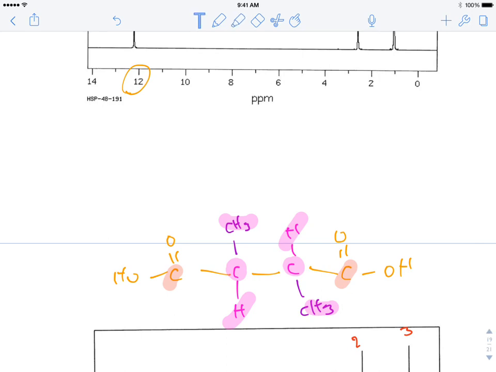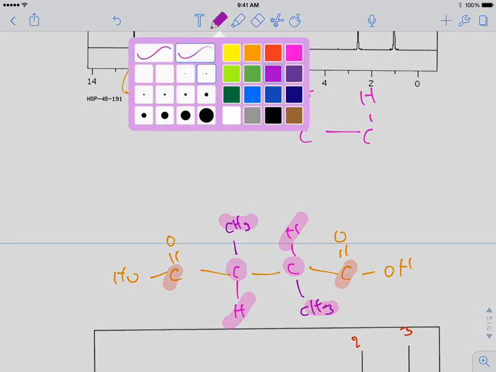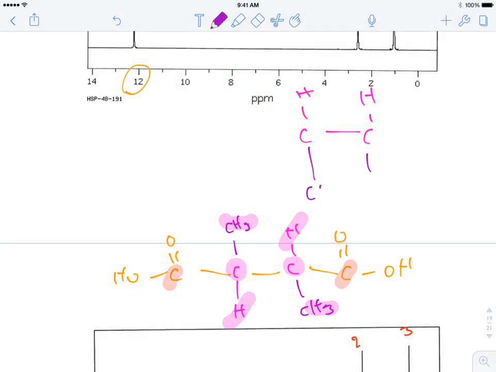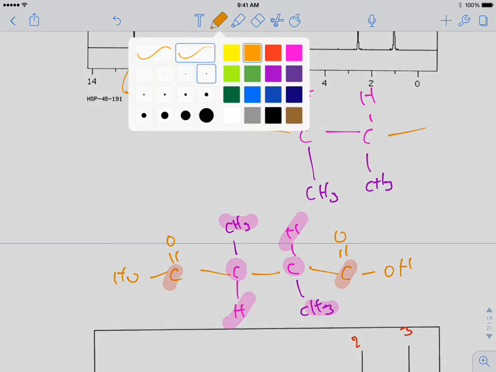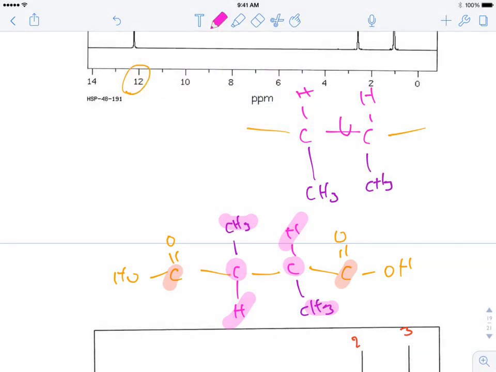So another way to look at this compound, since it is on a single bond, it can actually rotate. So here's our methyl groups, and then our carboxylic acids, you guys will just imagine those. Since it's on a single bond, it has the ability to rotate, which is going to cause these hydrogens to interact and not split because of the symmetry.